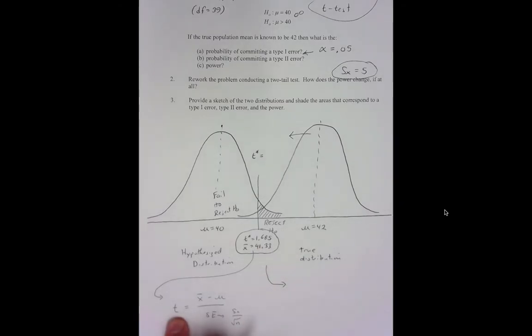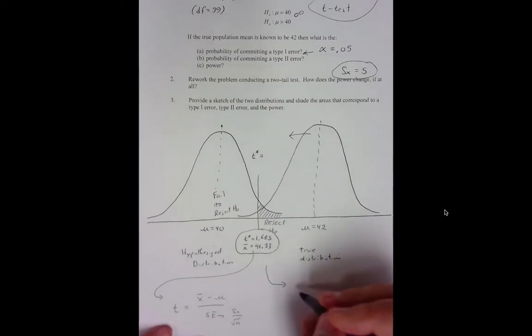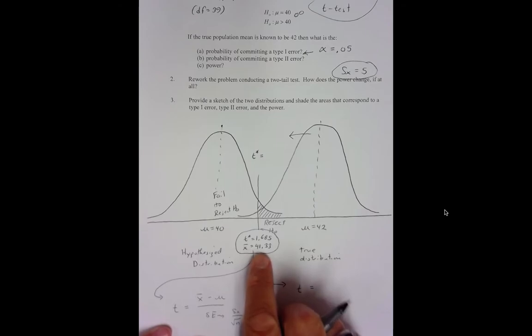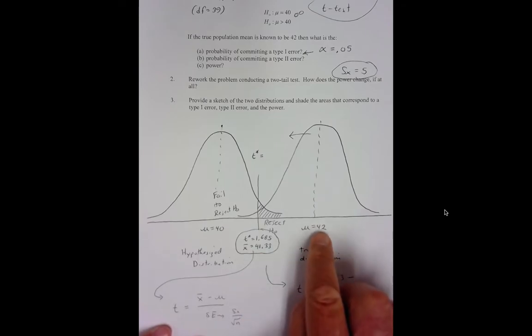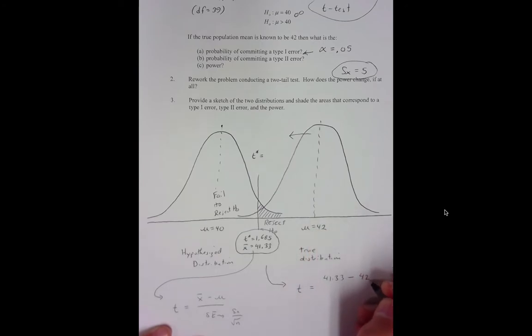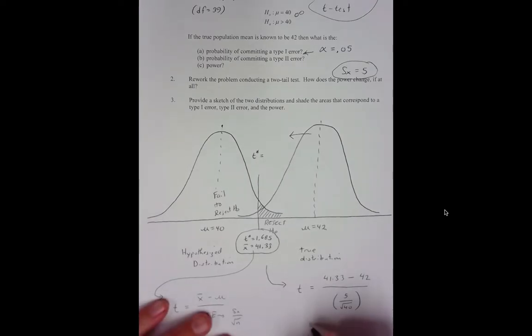So I'm going to use the same formula. My t is going to be the sample mean minus the population mean over the standard error, which is 5 over the square root of 40.